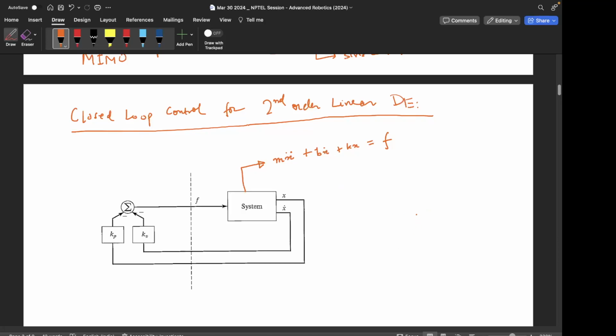So physically this would be equivalent to something like this: mass M, there is a spring, there is the damper, and there is the external force F, right? And this is the x direction.